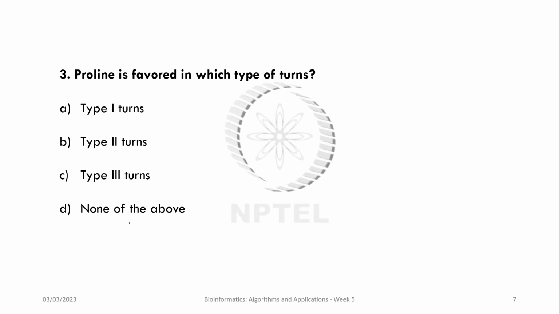Nagamani, Devangana, Sandhya, and Ross all say the same answer. Anybody who's differing? So it's not none of the above, and not type 2 or 3. And in type 1, you have proline in the i plus 1th position, more often than not, right? So it's option A.